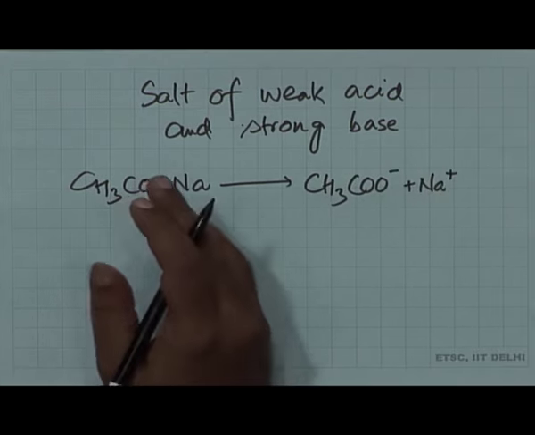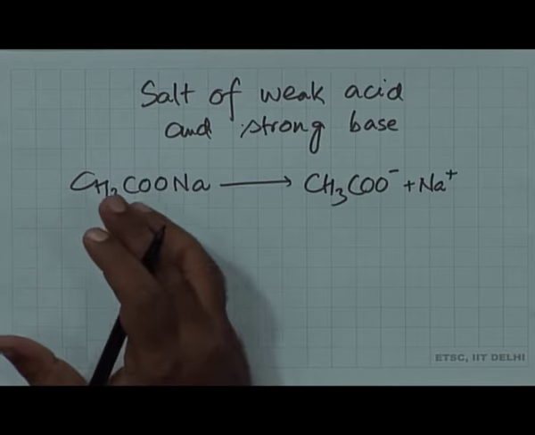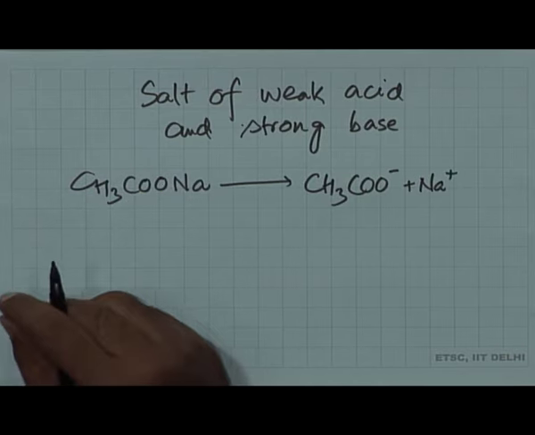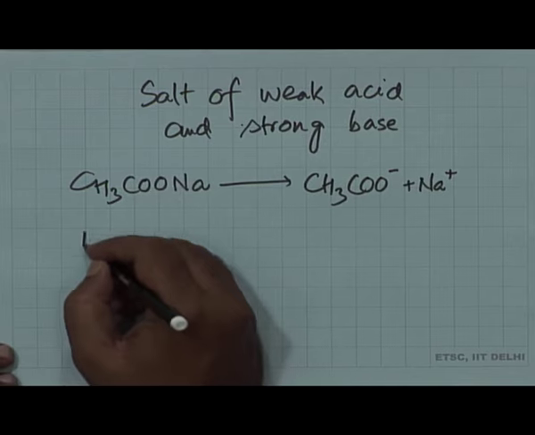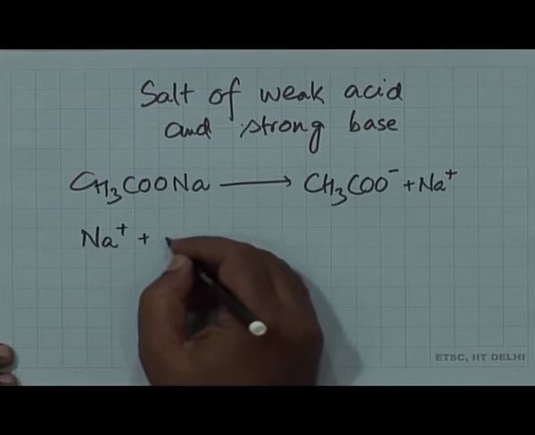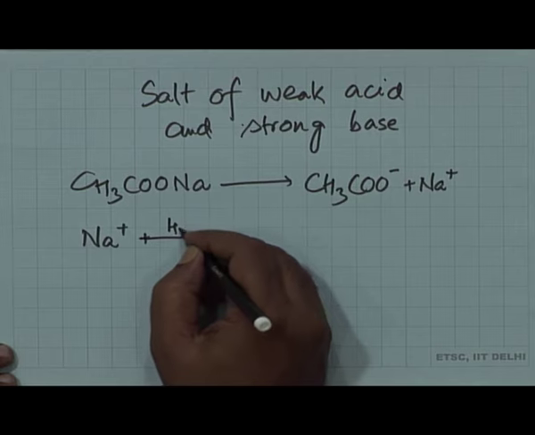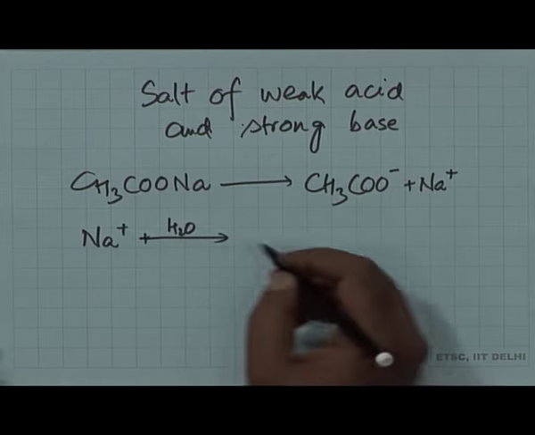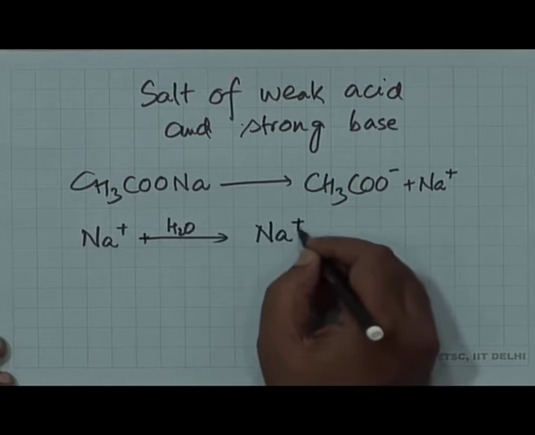Now, if you remember, last time I told you about the behavior of ions in aqueous solution. So, let us remember Na plus in water. What will happen when Na plus is in water? It will give you Na plus aqueous.